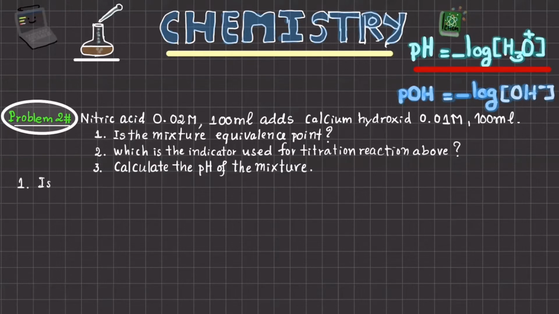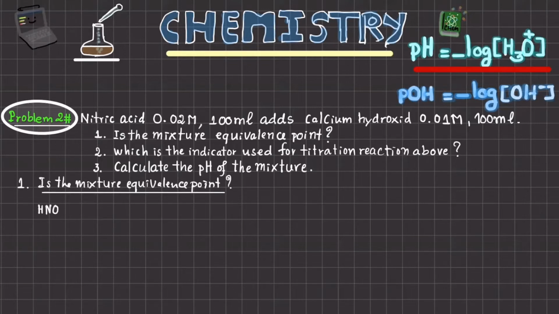Number 1: is the mixture at the equivalence point? We have to write the chemical equation first, the acid and base reacting together.